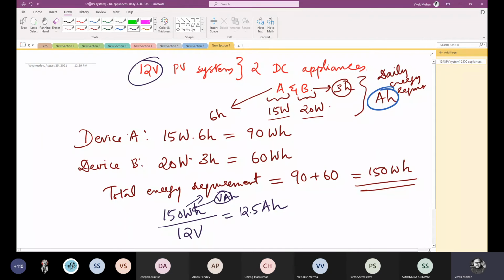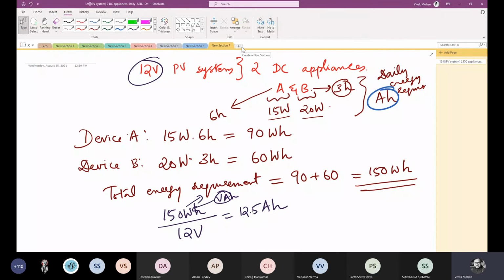So 12.5 AH is the daily energy requirement that you should feed. So the energy that should be fed from the solar panels is 12.5 AH. Now, instead of taking DC loads, if I want to take AC loads, then what should be considered in addition?